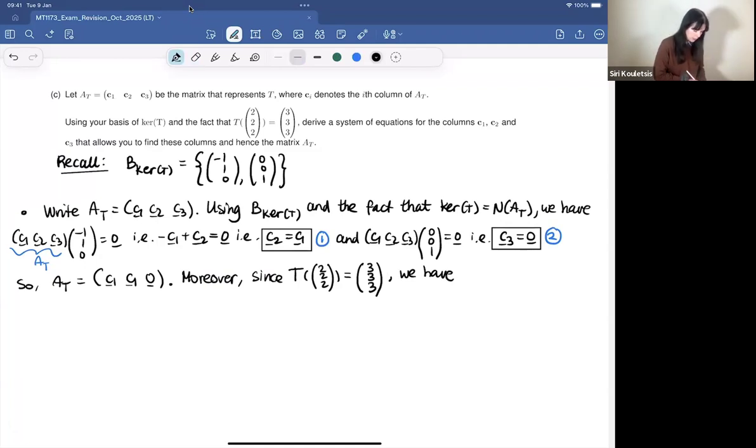And so in other words, AT times the vector 2, 2, 2 will give us 3, 3, 3. And now writing AT as C1, C1, and the 0 vector.